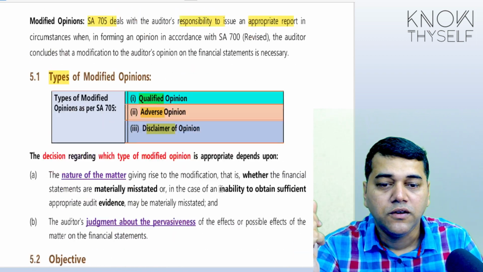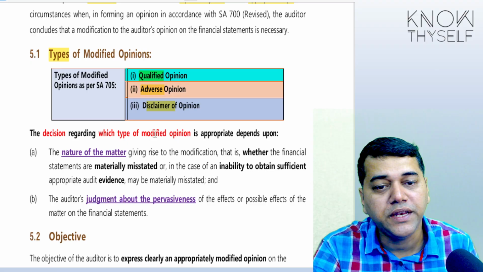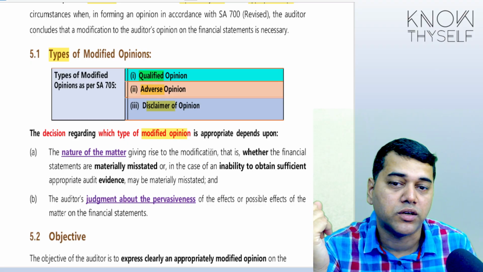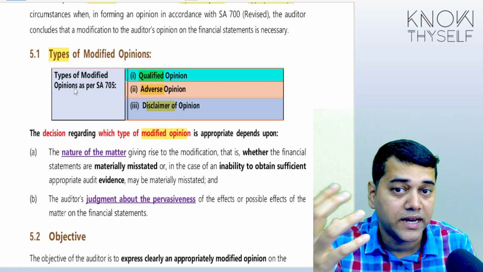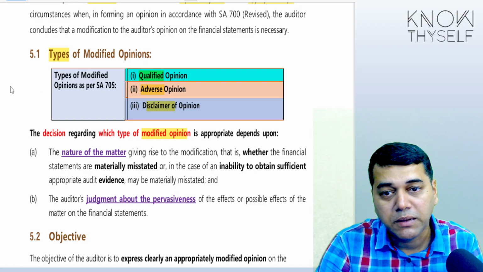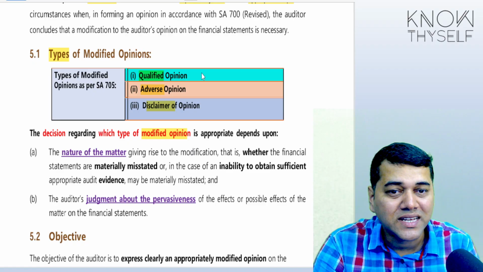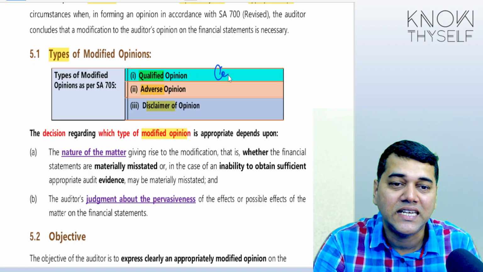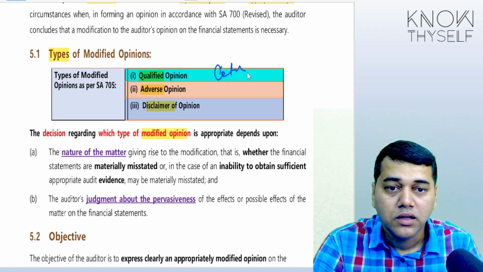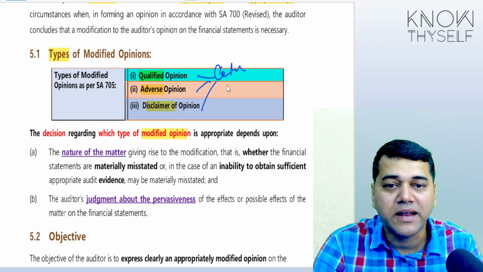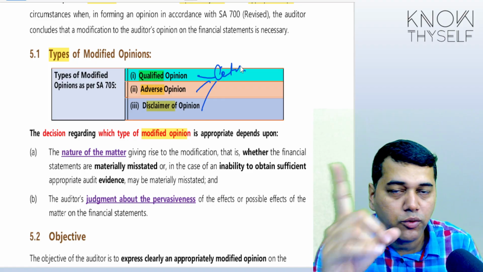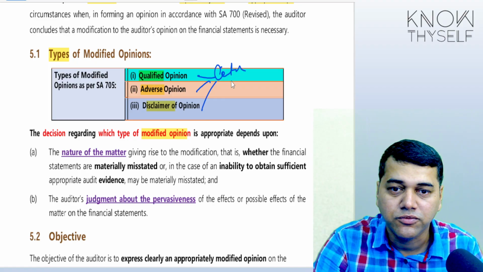Now, which type of opinion, when should I give? Please understand, they can ask you in the examination for 1 mark: types of opinion means there are 3 types, category, group. Now, which one should I select? Because at the same time, I cannot give 3. I have to give one among the 3. I have to make a choice now.